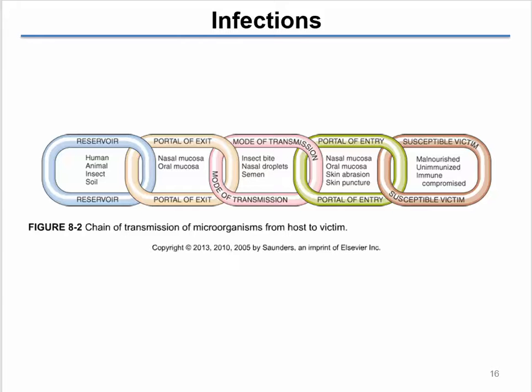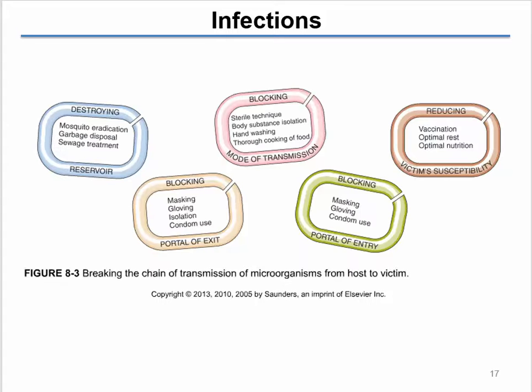And so when we look at infections, especially from an epidemiological point of view, we have to look at all of these different things, and we break the infection in one of these parts of the chain.